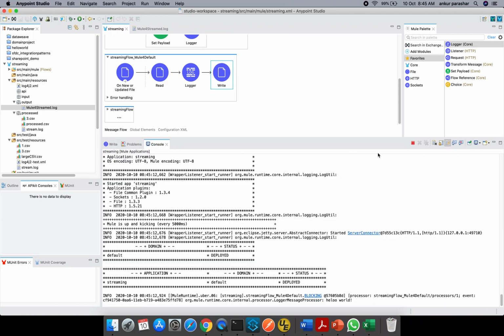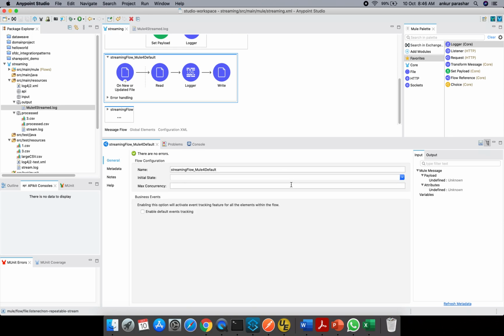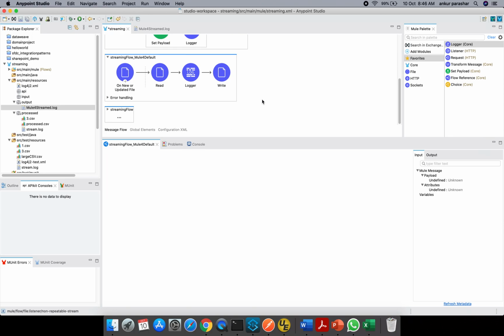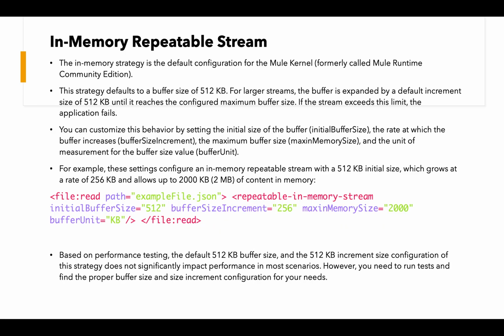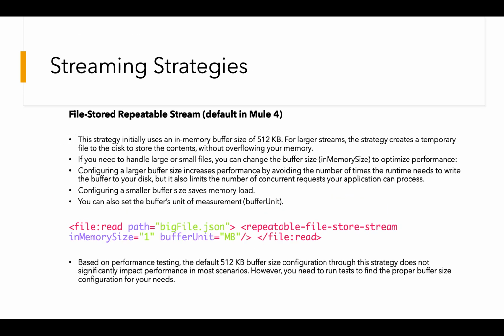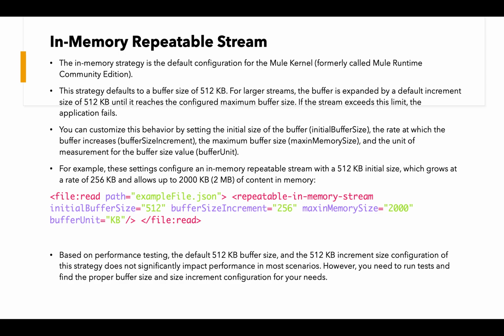So I'm going to stop this flow and set it in the stopped state for the time being. Again, I'm going back to this particular PowerPoint presentation. So the next thing, similar to this file store that is default in Mule 4, there is an in-memory repeatable stream as well.